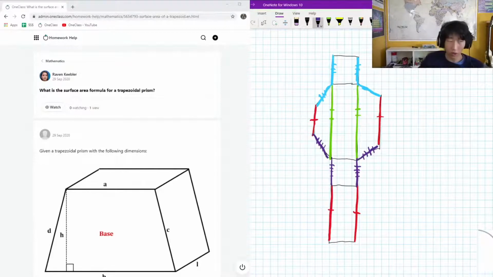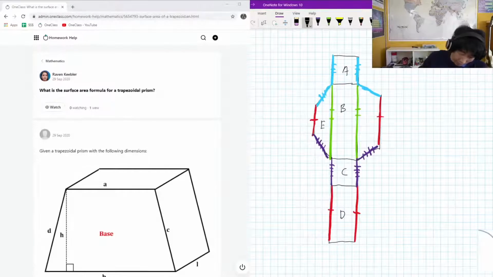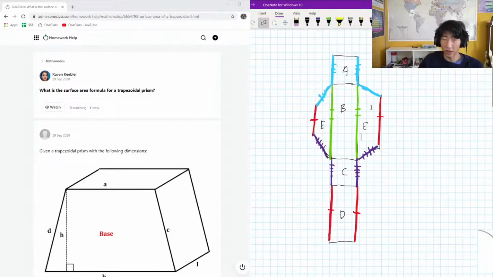Okay, so given this diagram, you can see that we have 6 sides. Let's name them A, B, C, D, E, F. Essentially, what you're going to try to do is find the surface area of these shapes individually and add them all up.